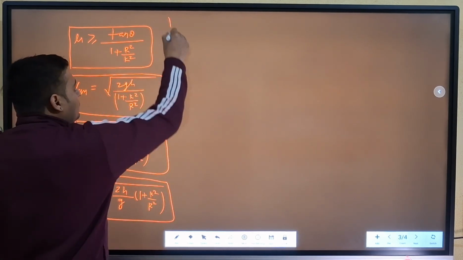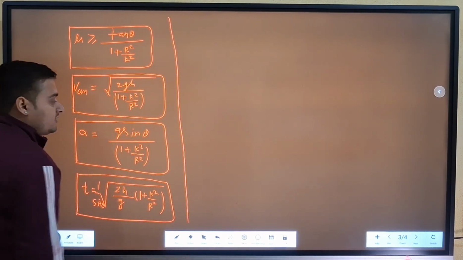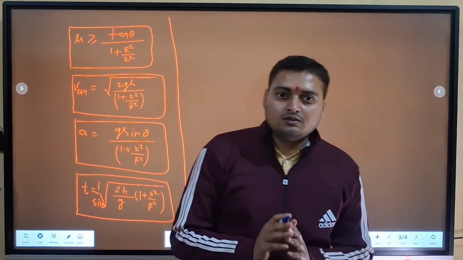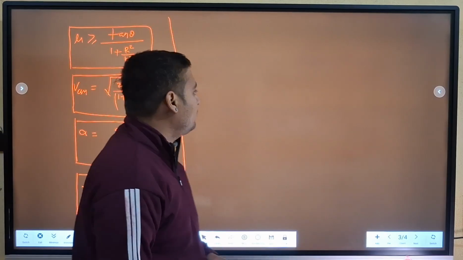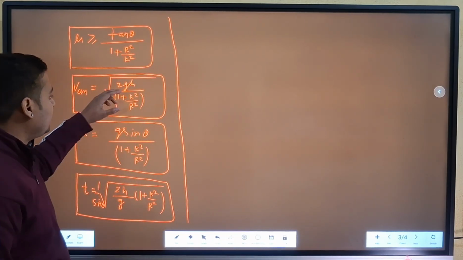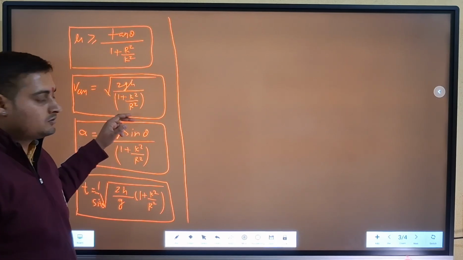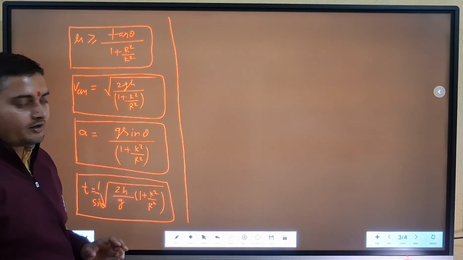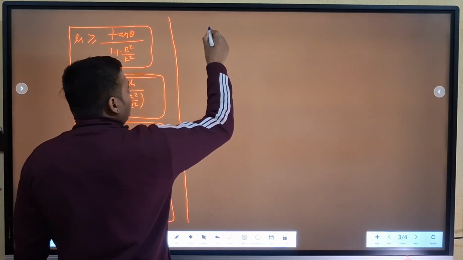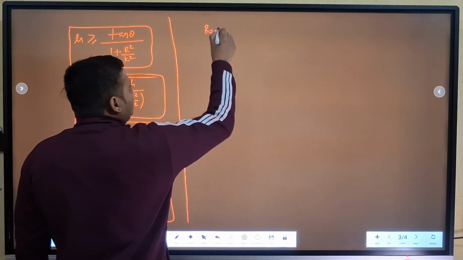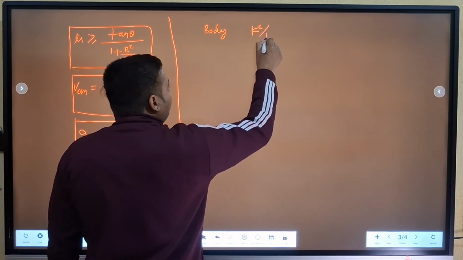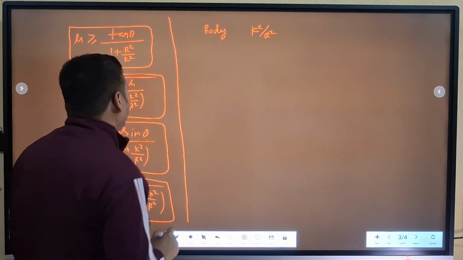From these four formulas, we can calculate all the given values in questions. Before the question, we need to know the general values of k²/r² for different bodies.